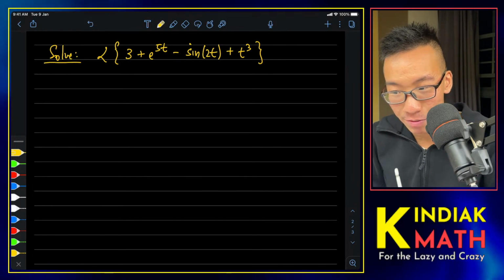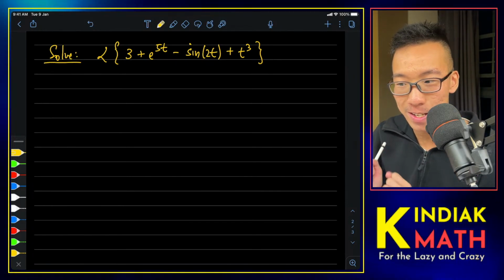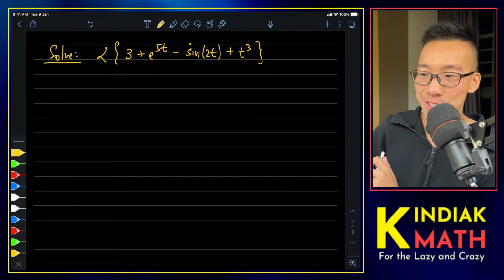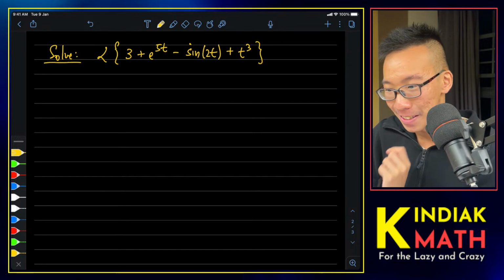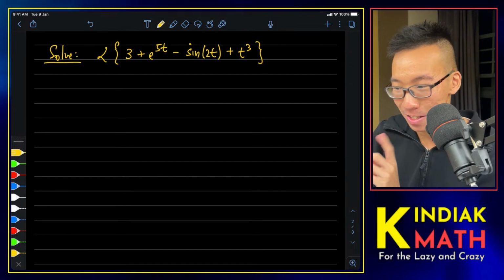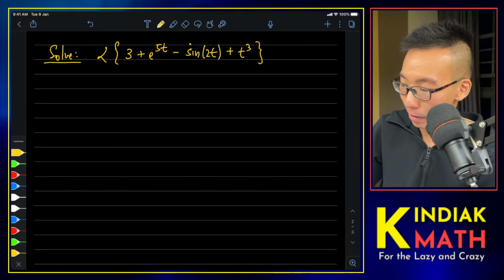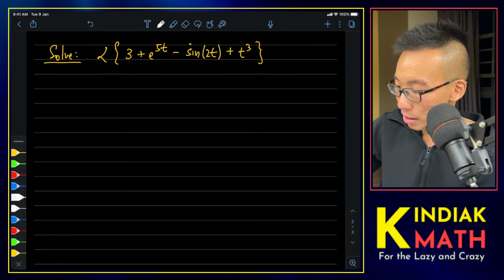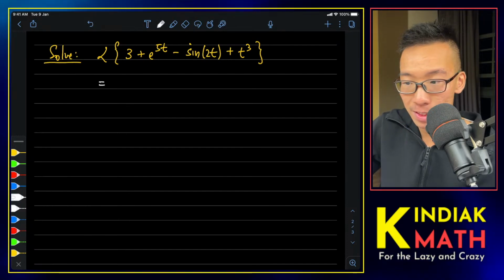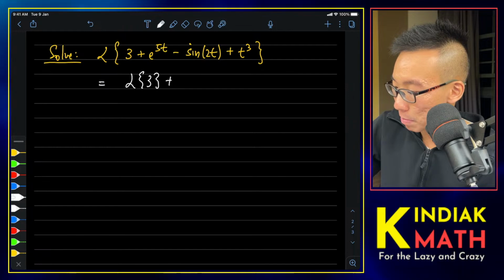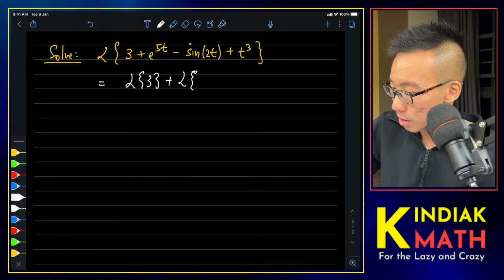The approach in which I've taught my students to do this is to use the math table and copy its values. I think I can recall it, but just give me a moment. Before we do that, we need to do some splitting. Thankfully, the Laplace transform is linear, which allows us to split up the plus terms.